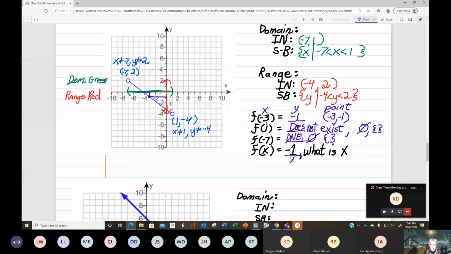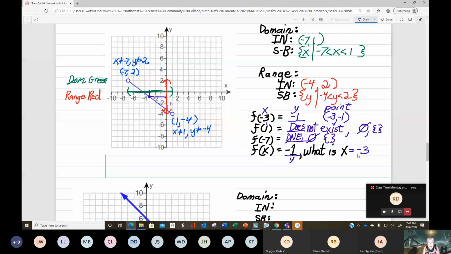What we do is go to y equals -1. We go to the graph. Then we come up to the x-axis and we find out, oh my goodness, what a surprise, x equals -3. So x equals -3, because there's that connection going on.